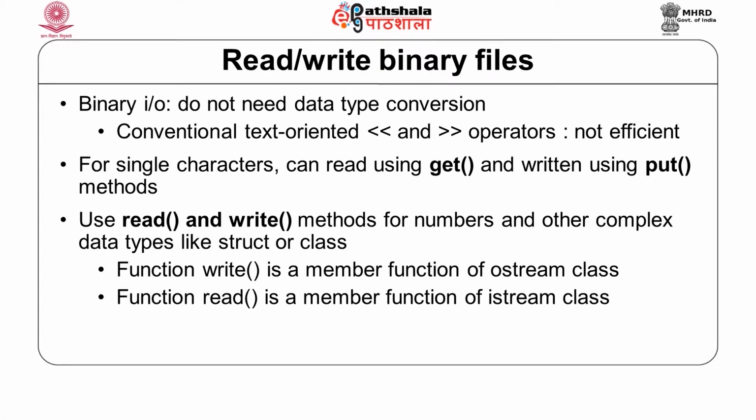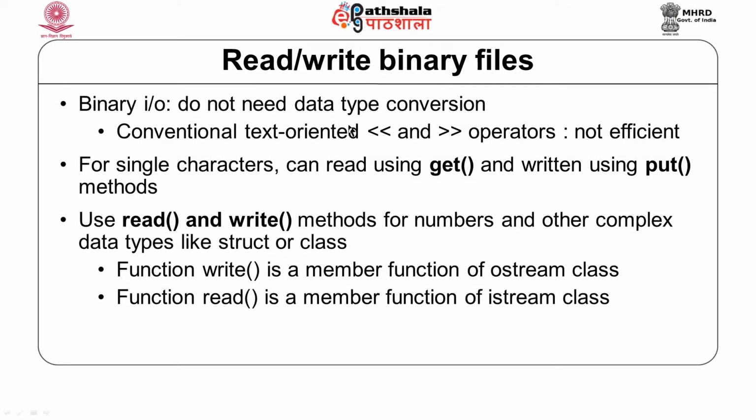Now, once the file is opened, that means the physical file is associated with our file stream, input output stream. We can start doing some operations like reading the data or writing the data using the files.